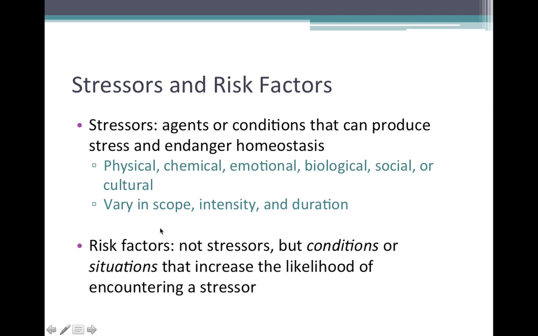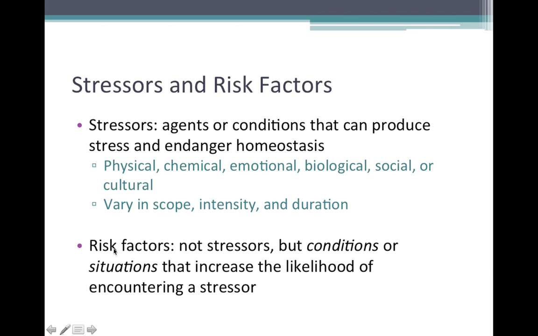Like a stressor could be maybe somebody driving extremely slow in the fast lane, and you're freaking out about how slow they're driving, and you might think, oh, that's a severe stressor, and that can vary in scope, intensity, and duration from person to person. One person might get over the fact that someone's driving slowly more quickly than another, and so stressors can vary in scope, intensity, and duration.